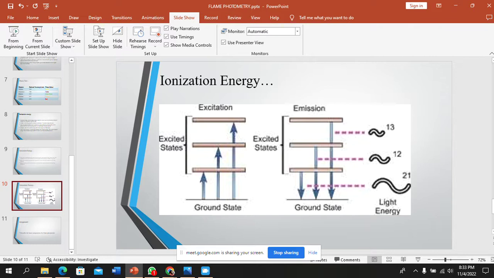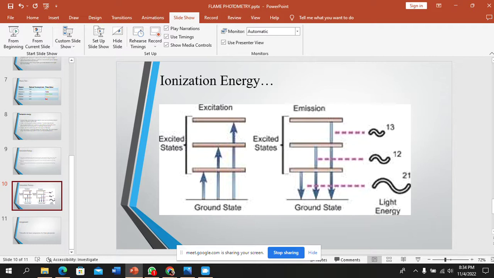As you can see from my screen, this is what happened. That is the excitation from ground state to the excited state. But since these electrons are not very stable in the higher energy state, they fall back. During the process, they emit radiation. That emitted radiation is what the flame photometer is able to measure.